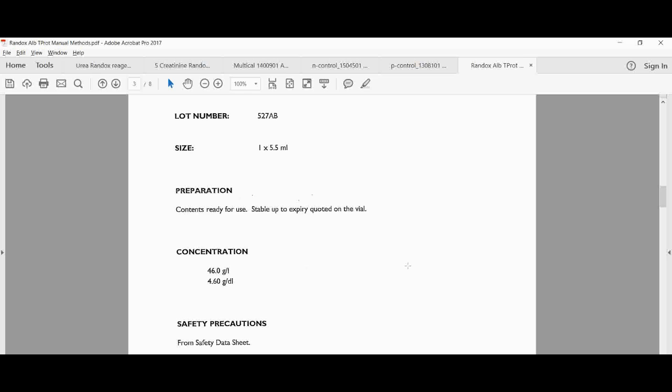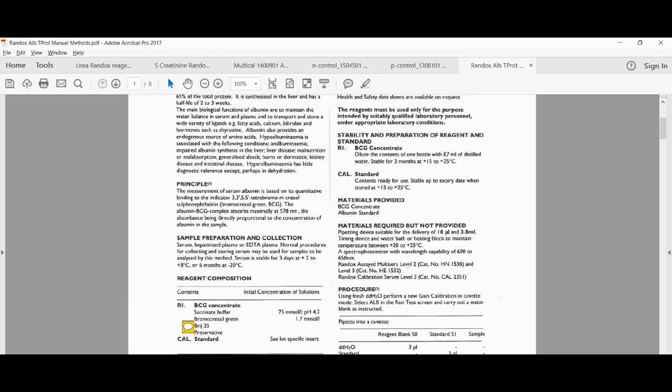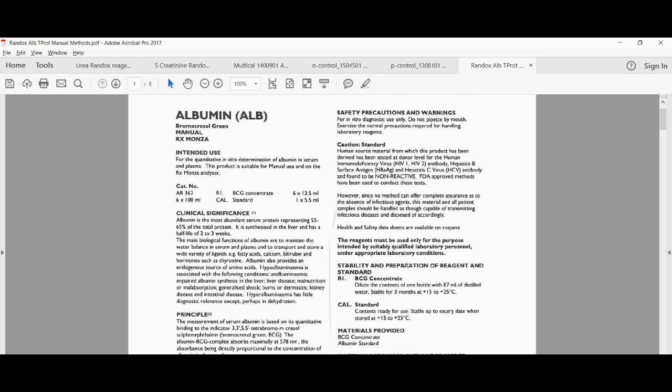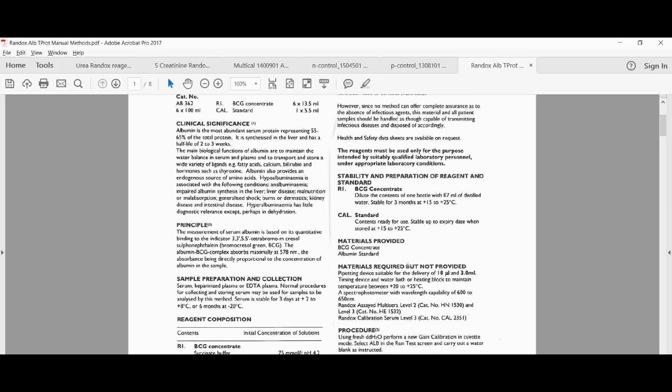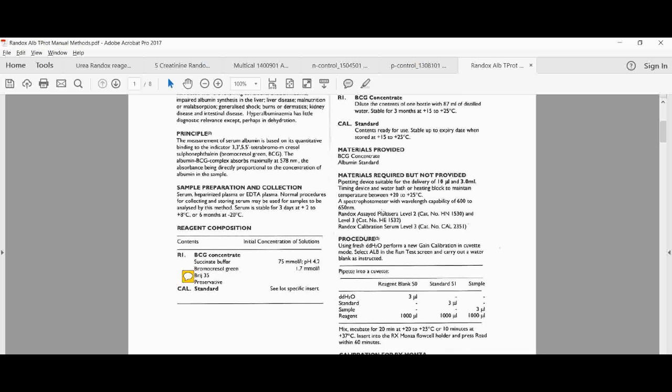So to get back to our package insert, materials provided is the BCG concentrate and the albumin standard. That is what is in the kit.